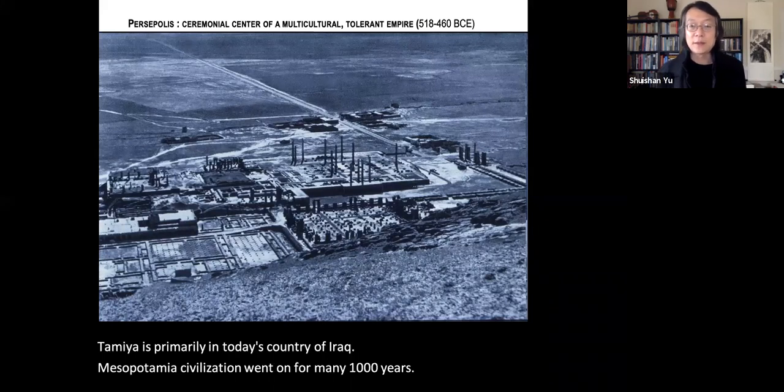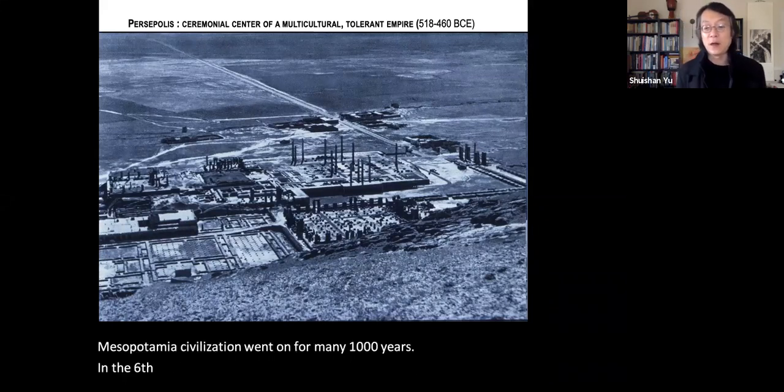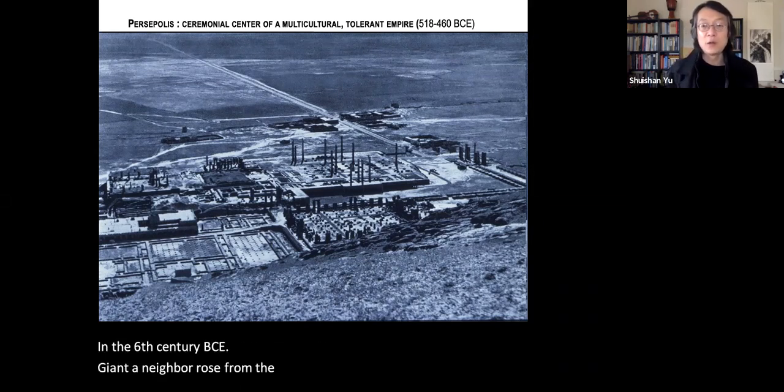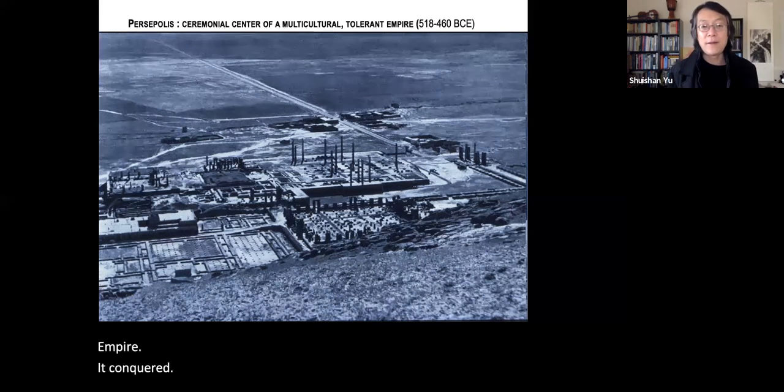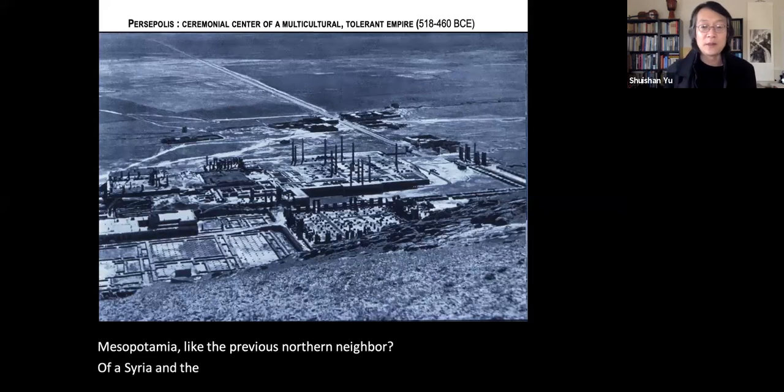In the 6th century BCE, a giant neighbor rose from the Iranian plateau, and this is the Persian Empire. It conquered Mesopotamia like the previous northern neighbors, the Assyrians and the Hittites, etc.